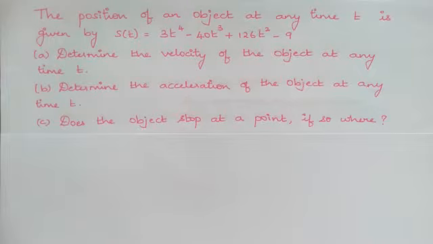So to identify the velocity by means of differential calculus, we are going to identify the first derivative of the given function. That will give us the change in the position of the object, which is nothing but the velocity of the object. That is the speed with which the object is moving from one position to the other position.